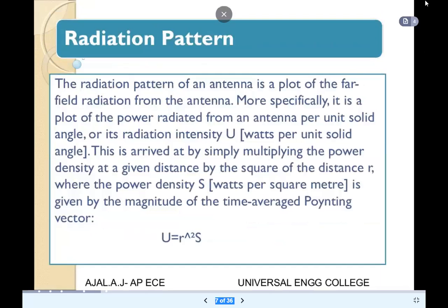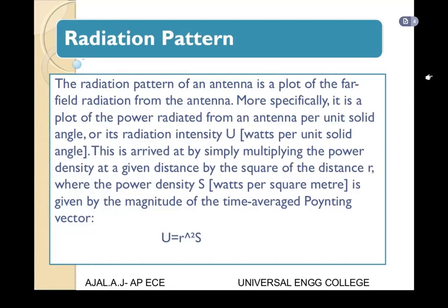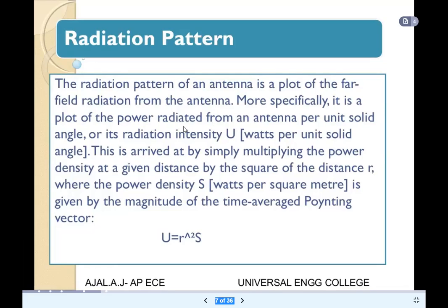We see one by one. First one is radiation pattern. Radiation pattern is the graph or plot of the far field radiation from the antenna, means plotting the antenna in the far field region.